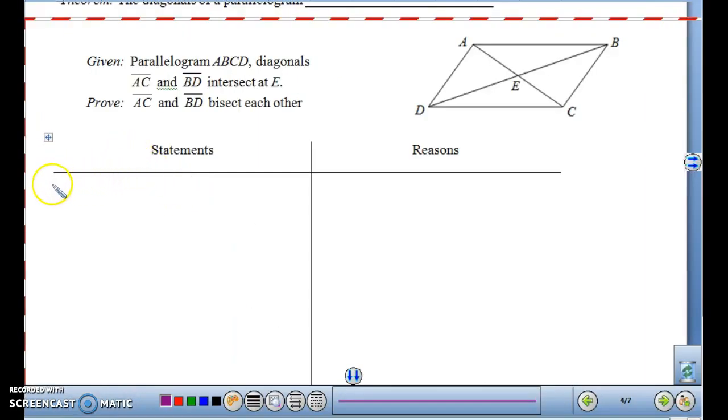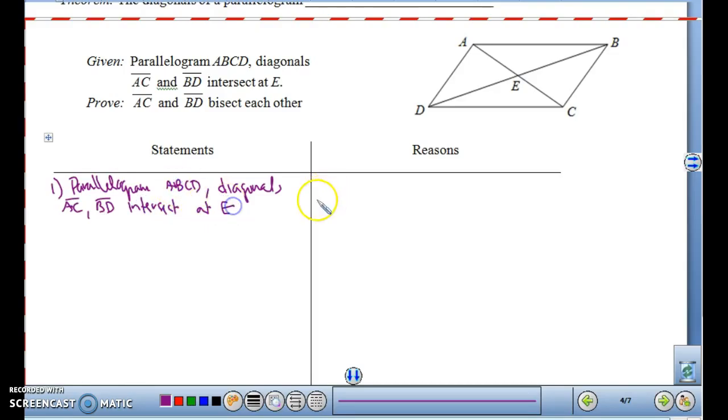We have parallelogram ABCD with diagonals AC and BD intersect at E. Okay, now we said our goal was to prove that the triangle up here, AEB, is congruent to CED down here.